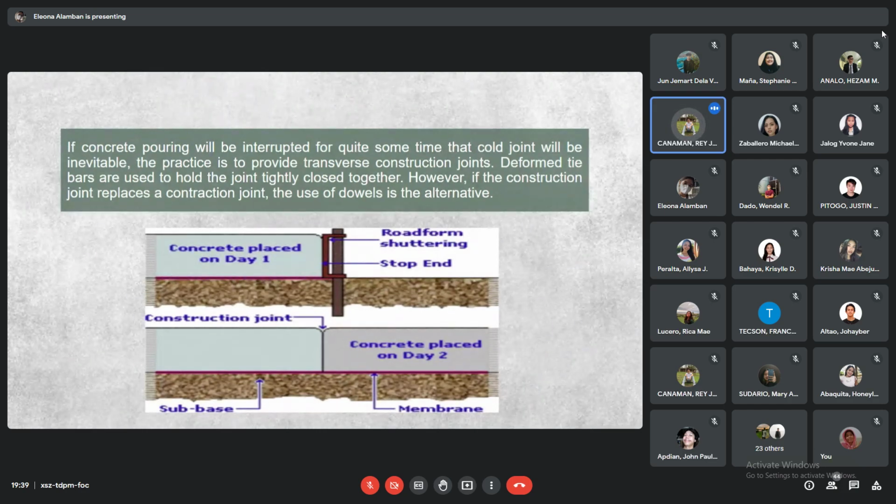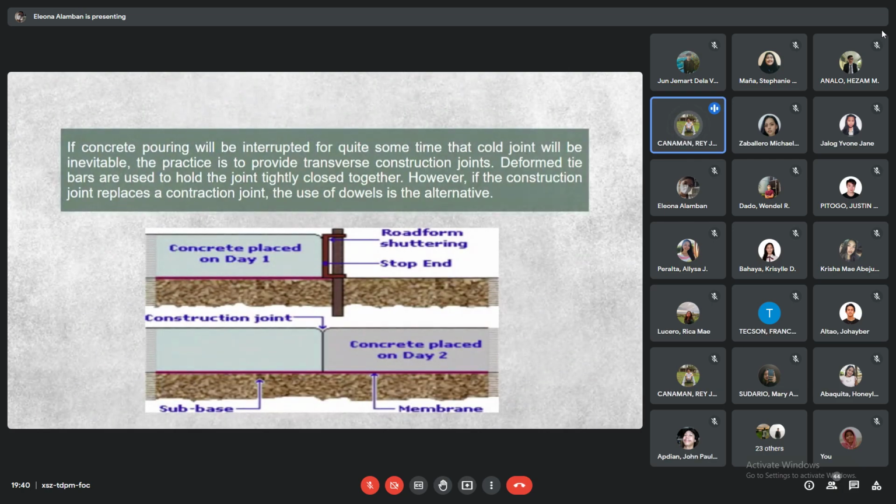So mao ni siya ang example kanang nasa left side na siya wall diha, then concrete nga placed on day one. Makita nimo ni siya ang old, then naa diri na siya road based sa drawing na road form shuttering para i-stop bitaw diha lang siya tama sa katong gibuhos sa day one.